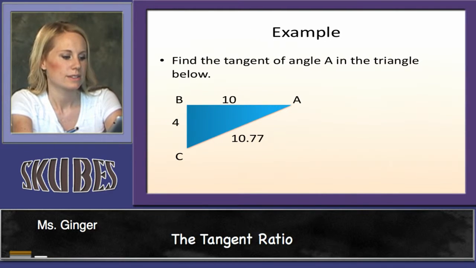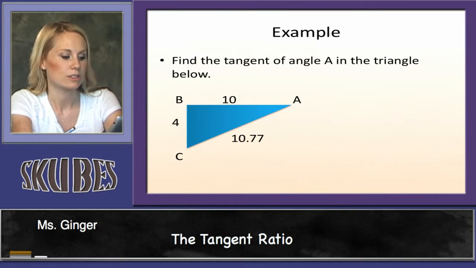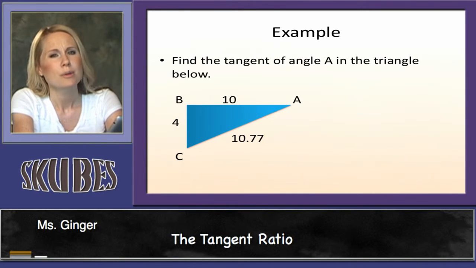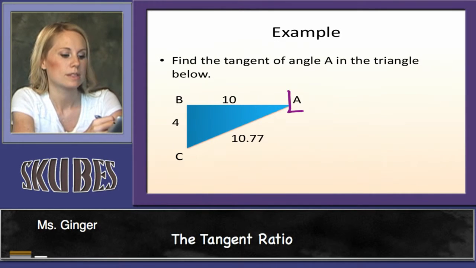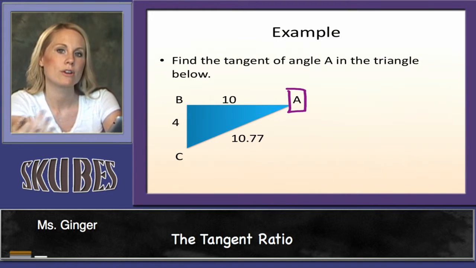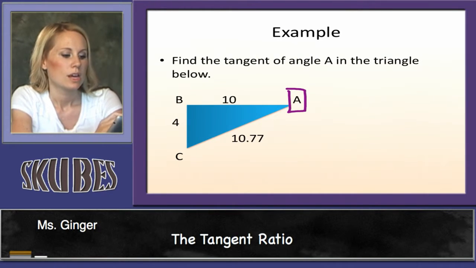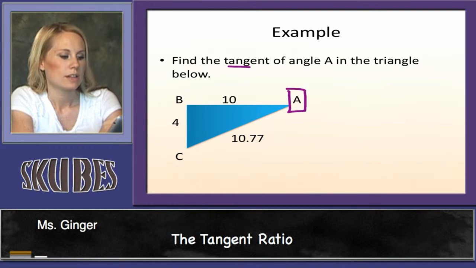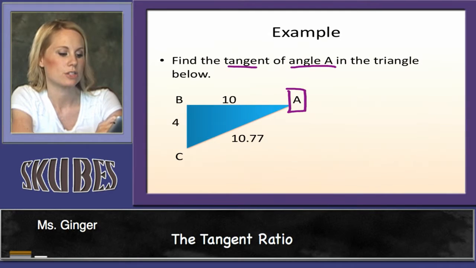Alright, so let's practice. Let's say we'd like to find the tangent of angle A in this triangle below. It's very important when they tell you to find tangent or cosine or sine of an angle, go find the angle first, because that's what's going to determine where your opposite and adjacent and hypotenuse sides are. So tangent of angle A, we have found angle A, we want the opposite over the adjacent.